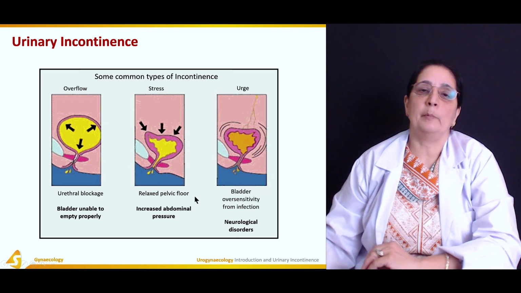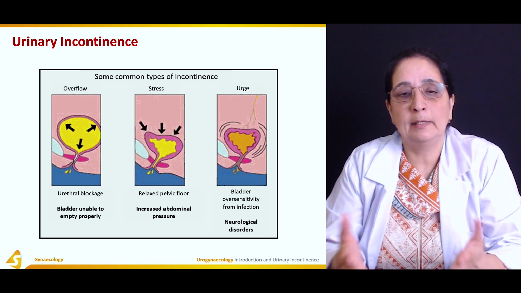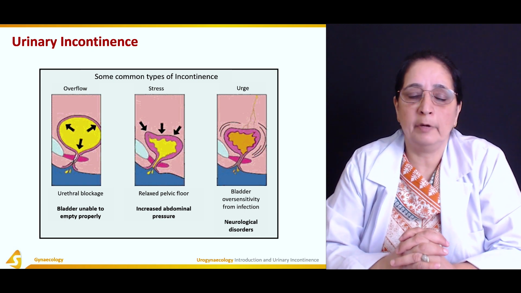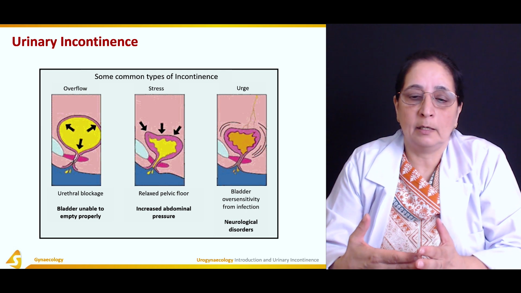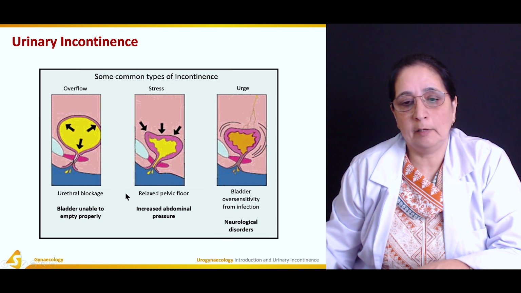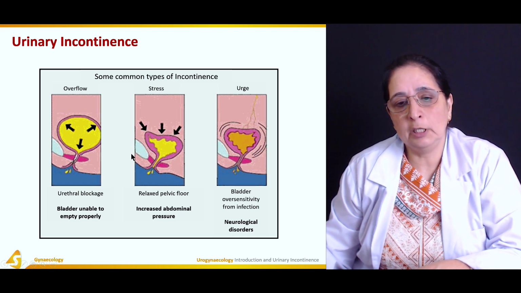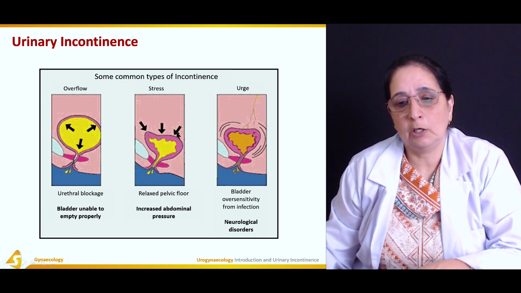And once the abdominal pressure is increased due to coughing or sneezing, it leads to dribbling of the urine. Very common with increased age and increased weight of the patient. So in this, there is a relaxed pelvic floor and the increased abdominal pressure leads to incontinence of the urine.